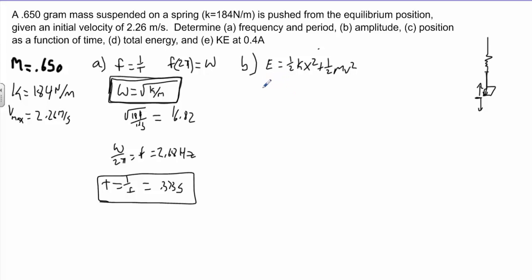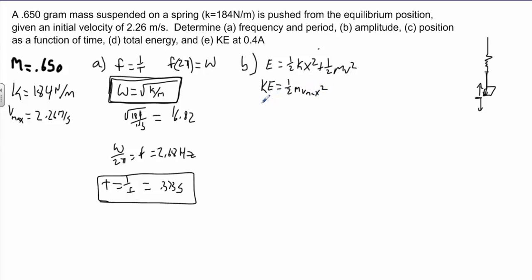Well, if we're at equilibrium, then all the energy is kinetic energy, and so there is no elastic potential or gravitational potential energy. They go away. So the kinetic energy is equal to 1/2 m v max squared.